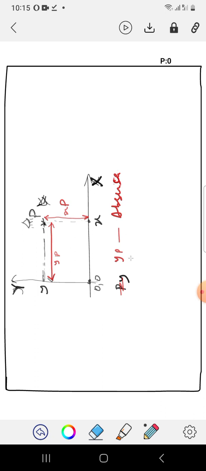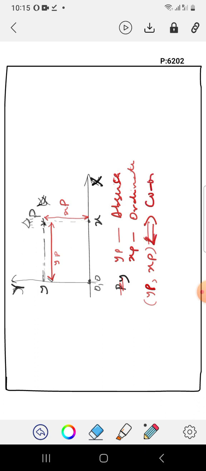Abscissa. And we call XP... we call that one the ordinate. All right. So when you now bring YP and the XP together, this now becomes what we call coordinates.